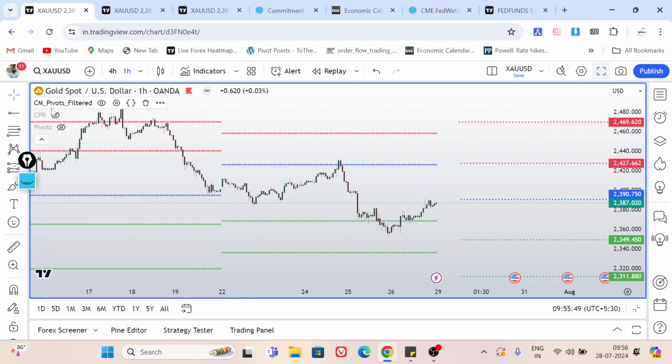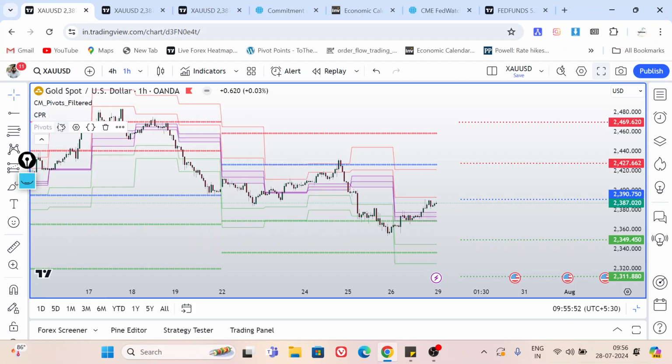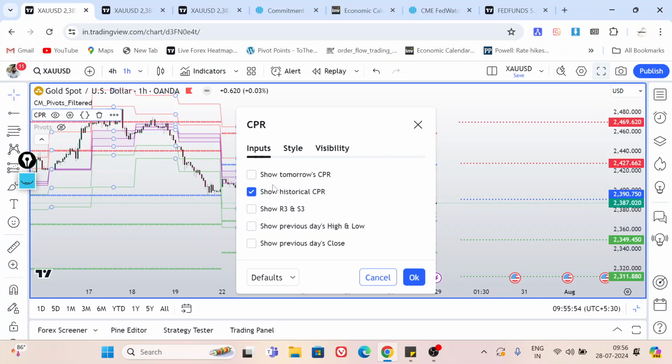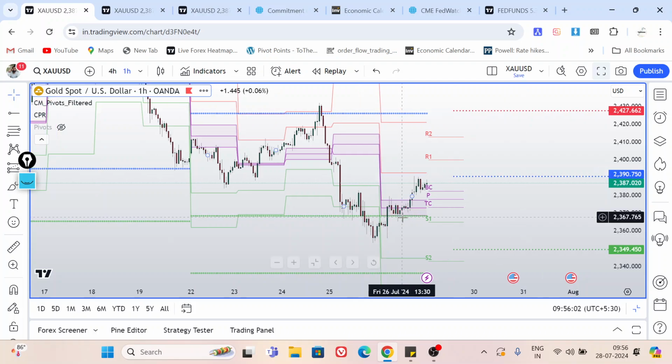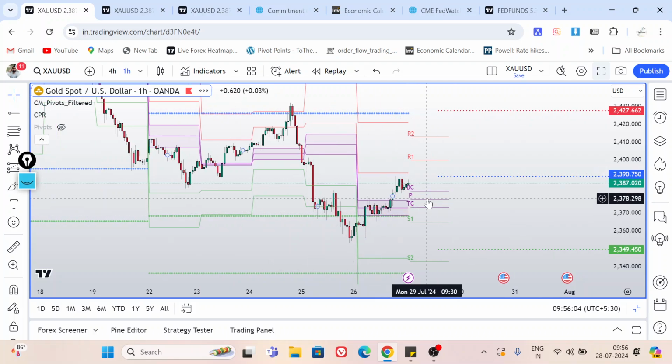Also, if we check the CPR formation for next week, I mean the intraday levels, the next week pivot level is around 2377, and the price is opening above the daily CPR or intraday CPR.